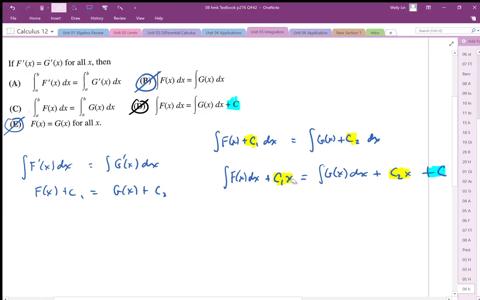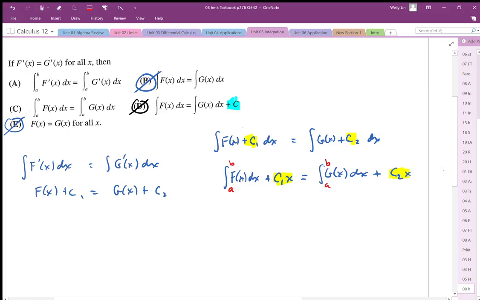So because of those extra c's, when we antidifferentiate again and put in our bounds from A to B, those c's don't cancel out. Although now, because it is a definite integral, this extra plus c over here will cancel out.